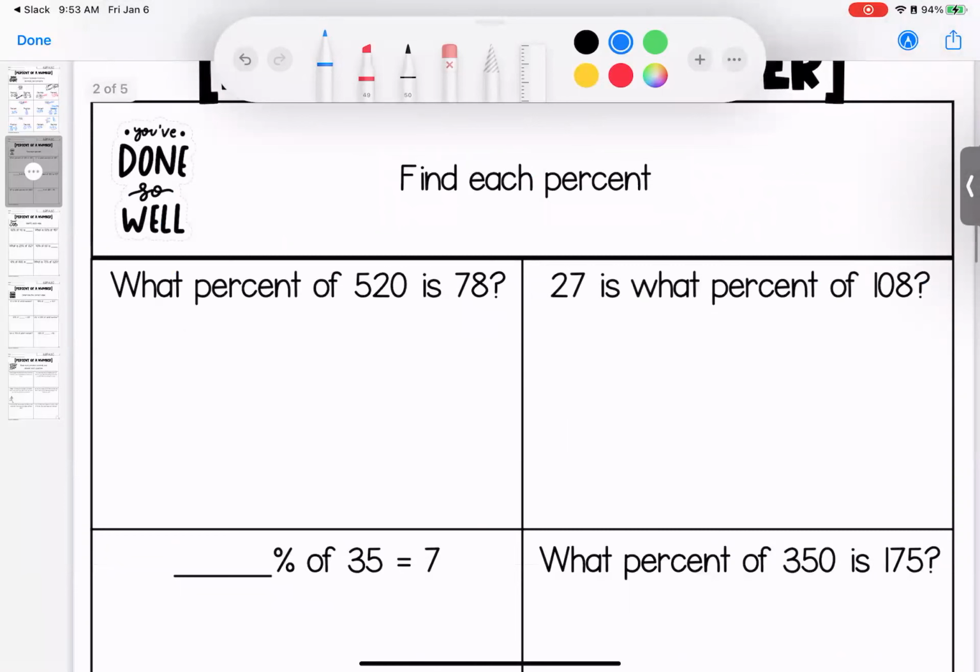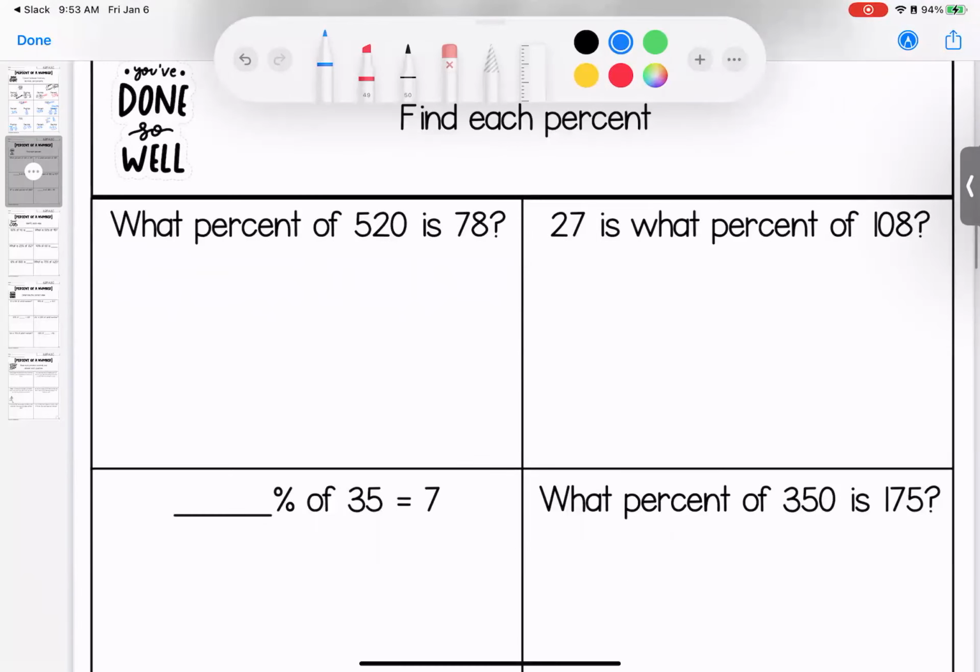All right, now into the real meat and potatoes. What is the percent of a number? So 520. What percent of 520 is 78? This is 15%. 27 is what percent of 108?